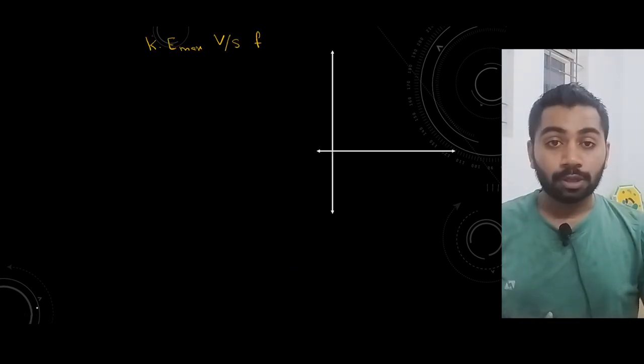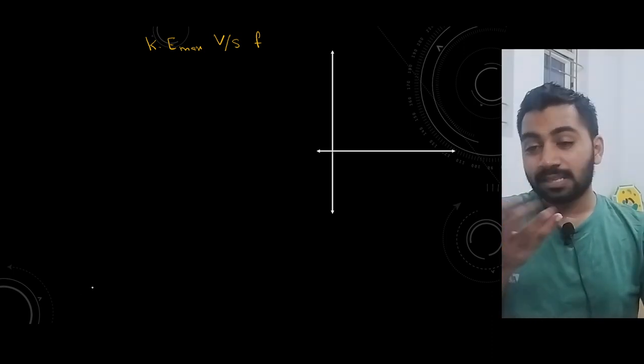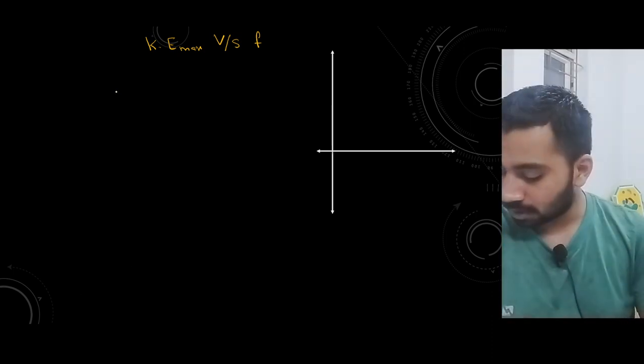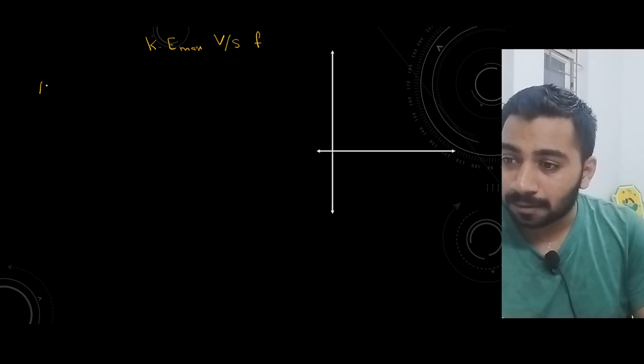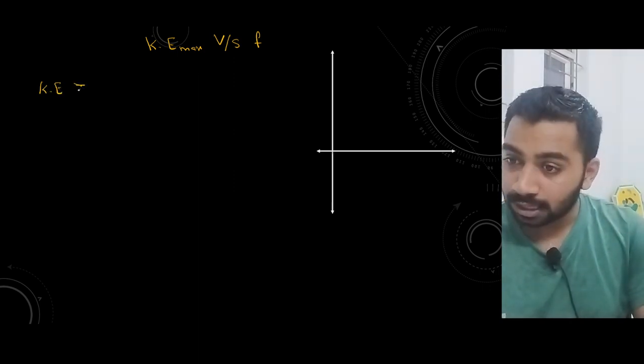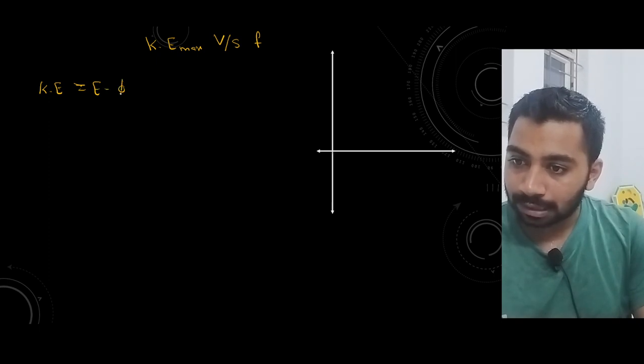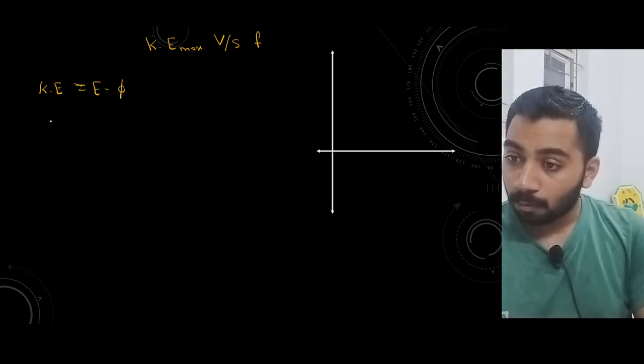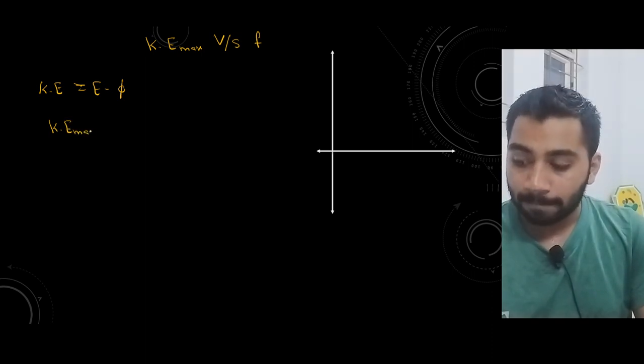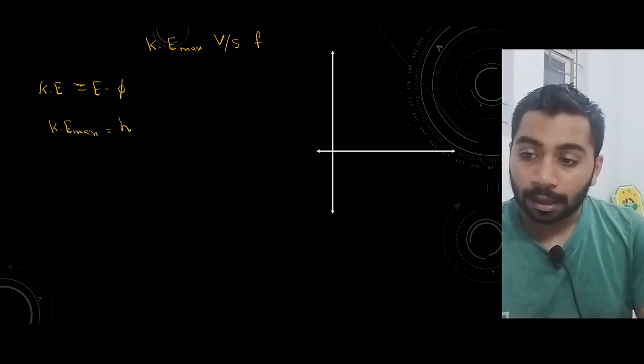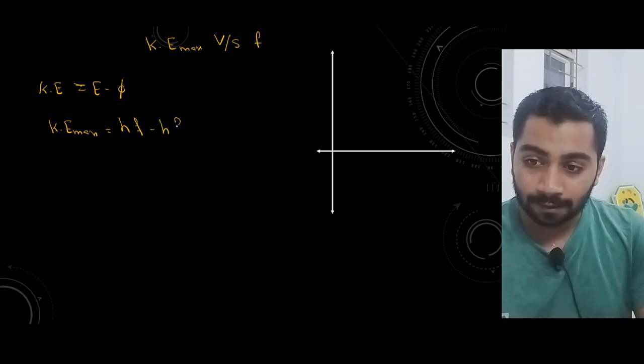Now about this condition we will see how our graph comes. Very simple thing. Kinetic energy is equal to E minus U. This you know. Now kinetic energy max is equal to hf minus h epsilon naught.